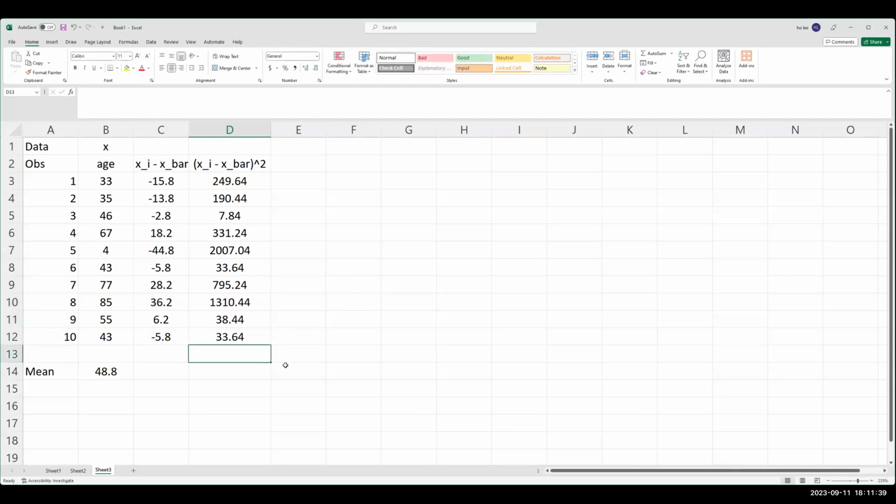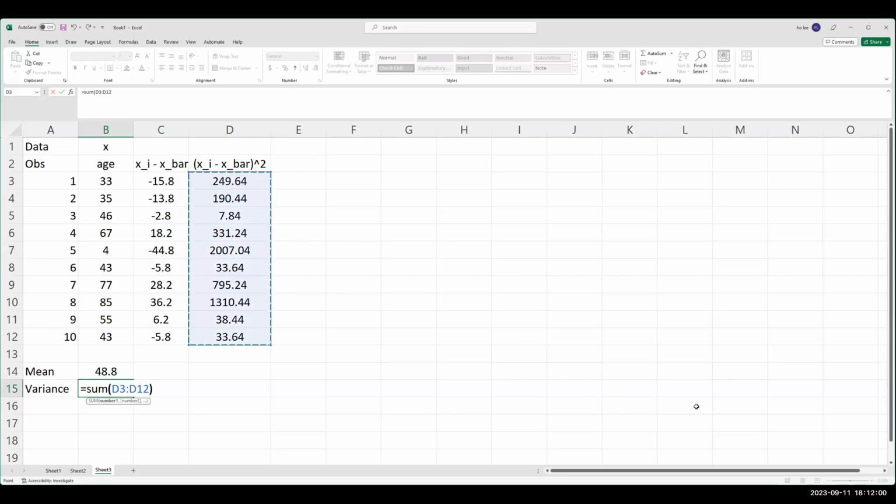And then what I have to do is sum these up and divide by the number of observations we have, 10 minus 1. I'm going to do that in one cell. So the variance is equal to the sum of all of these divided by 10 minus 1, which is 9.